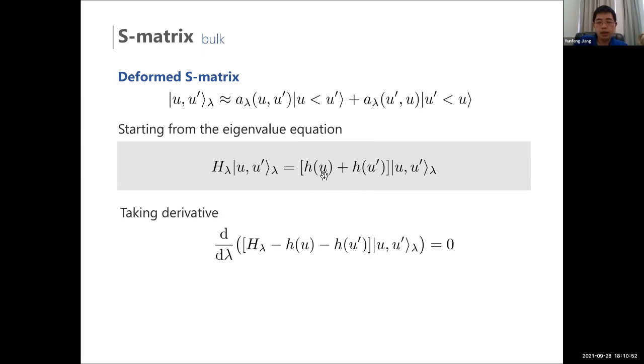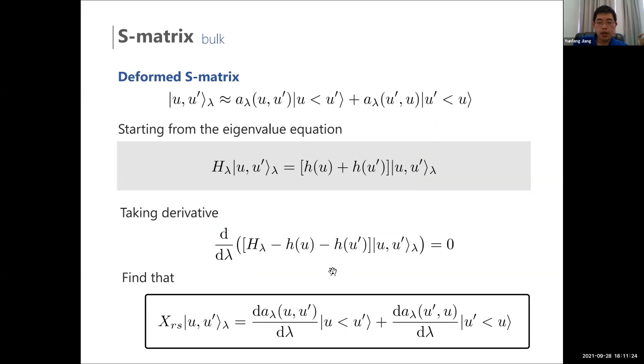And then we just take the right-hand side to the left, and we take the derivative with respect to lambda, which is the deformation parameter. Here, this derivative with respect to lambda will hit H lambda, and so we can replace it by this commutator. And also, for the two-particle state, we can plug in this.